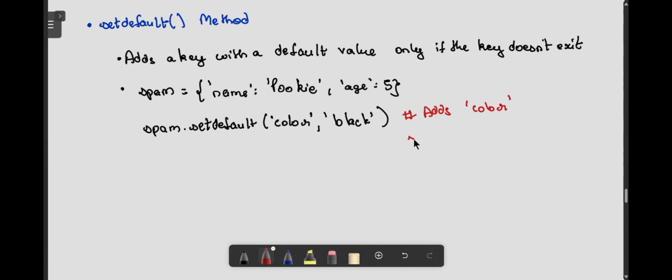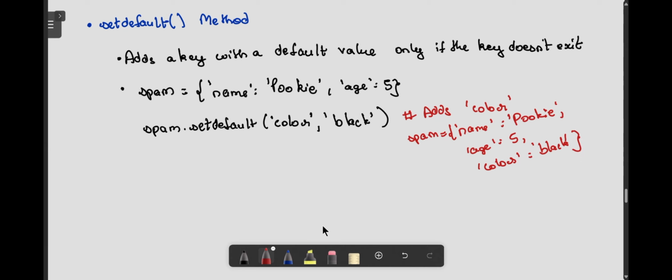So what will spam be right now after this execution? Spam will be equal to name Pookie, age 5 and color black. So this is the dictionary after executing this.